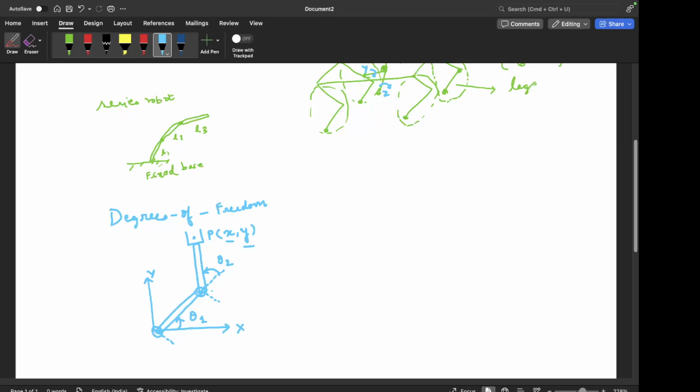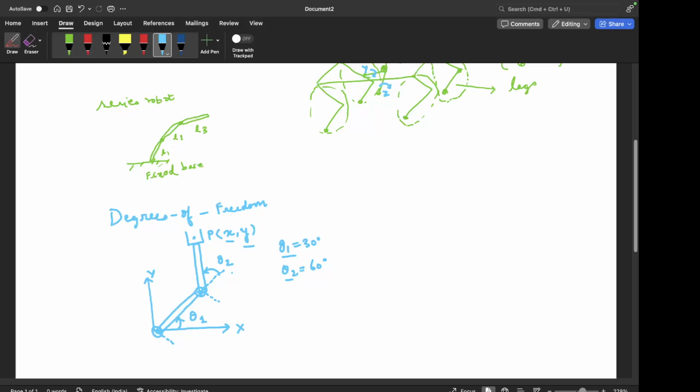Now, once I specify theta 1 and theta 2, let's say theta 1 is 30 degrees and theta 2 is 60 degrees, I know the exact configuration of the robot and I do not need to specify anything else to know where my end effector lies, right? So two parameters are sufficient in order to specify the position of the end effector or the configuration of the robot.